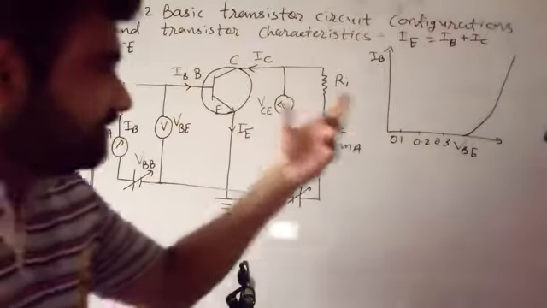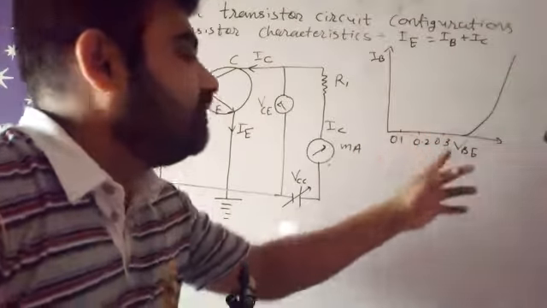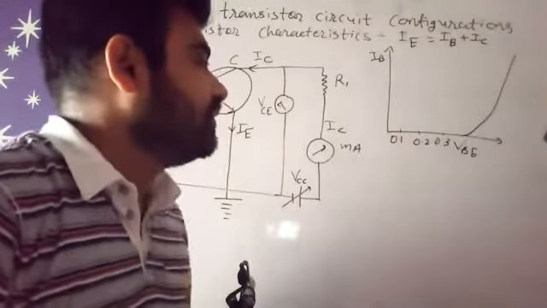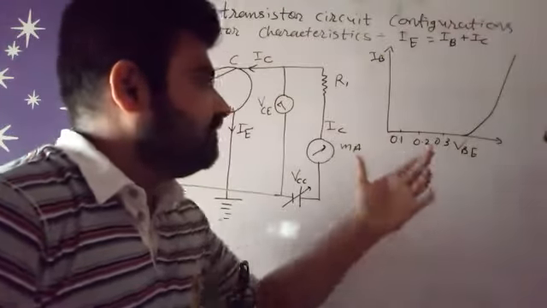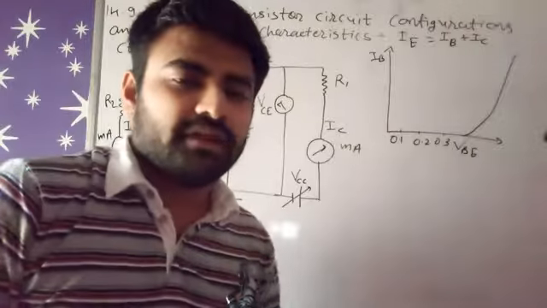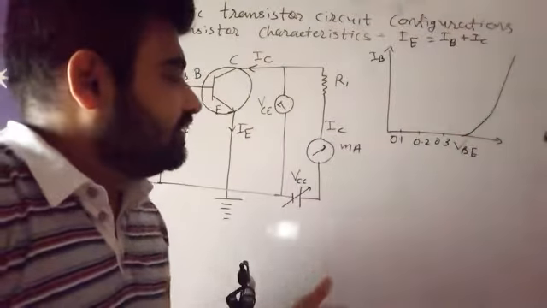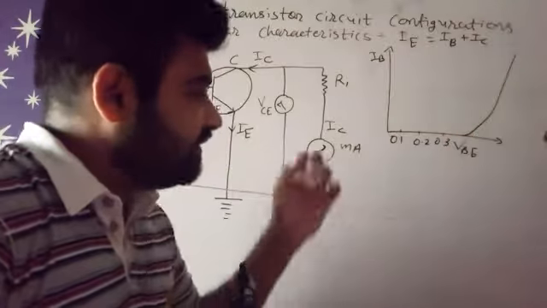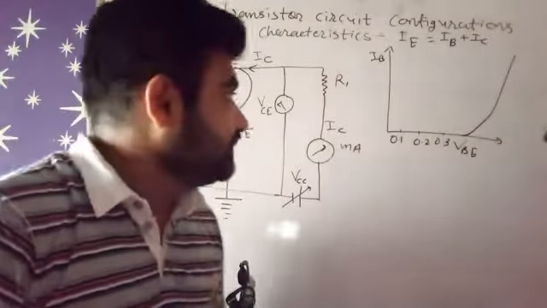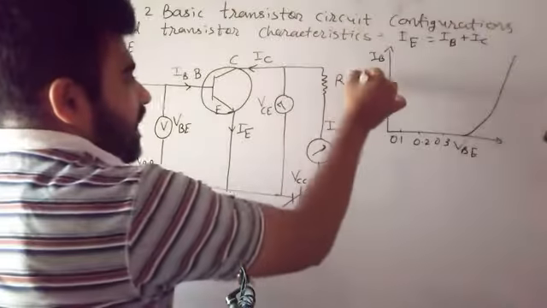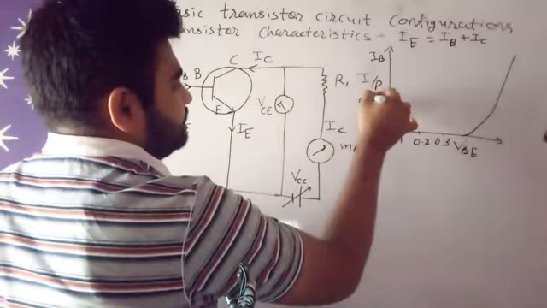This input characteristic does not start from 0.1 but from a certain voltage value. It is in working condition only after some voltage, called the threshold voltage, because once we cover that voltage, it is in working condition. This is called the input characteristic.